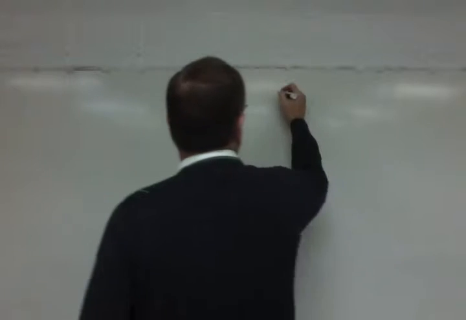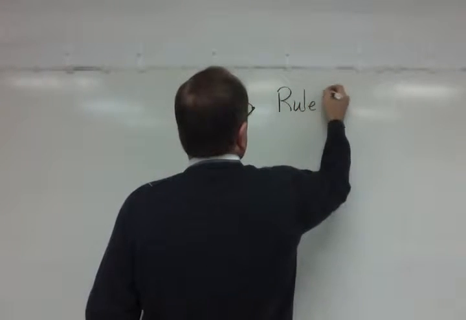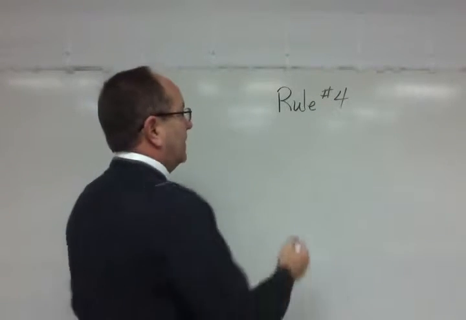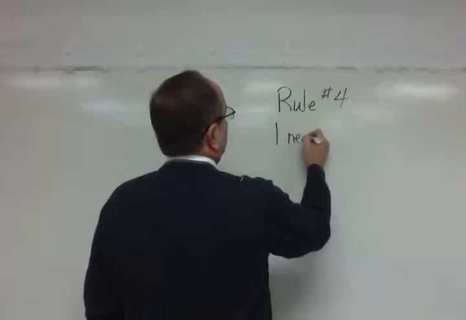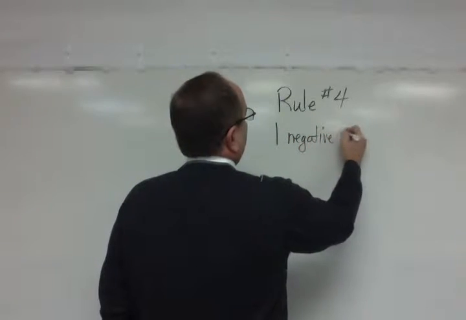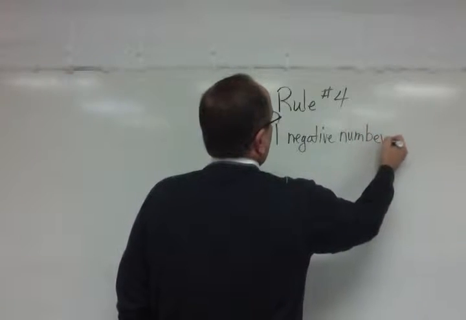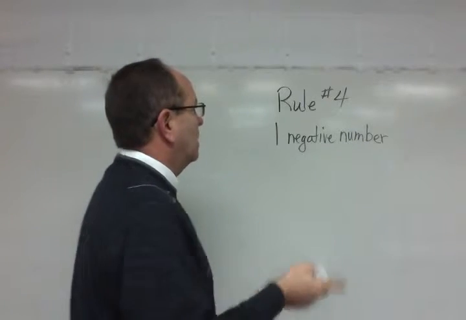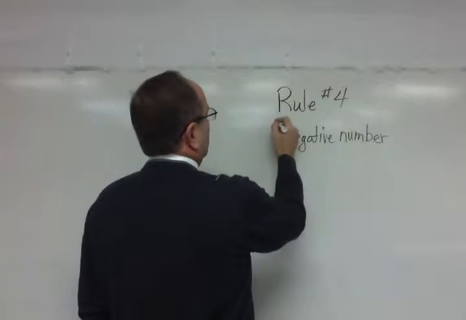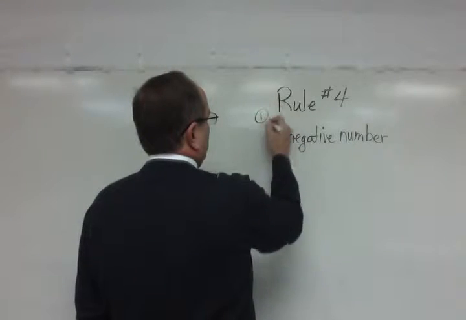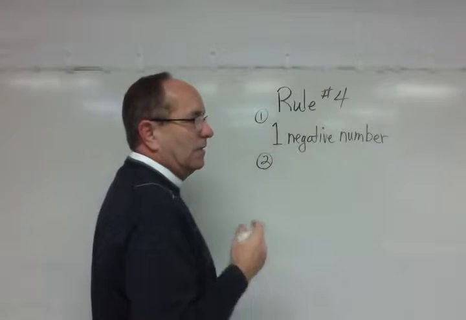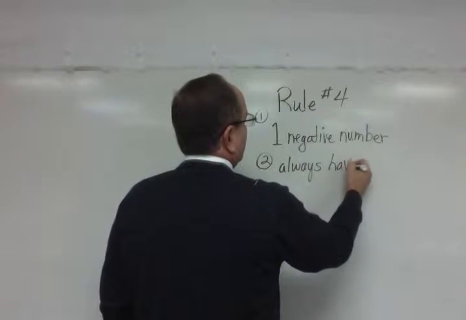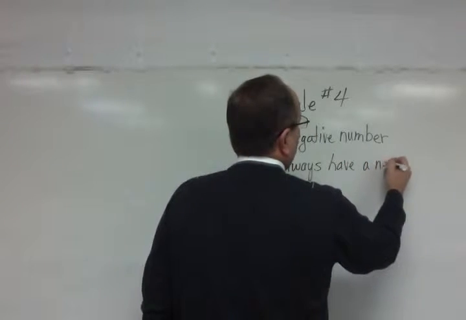So we're going to talk about rule number 4, and that rule has to do with if I have one negative number in my problem. Always remember we only can work with two numbers at a time in math. If one is a negative number, that's step 1, and step 2 is I always have a negative answer.